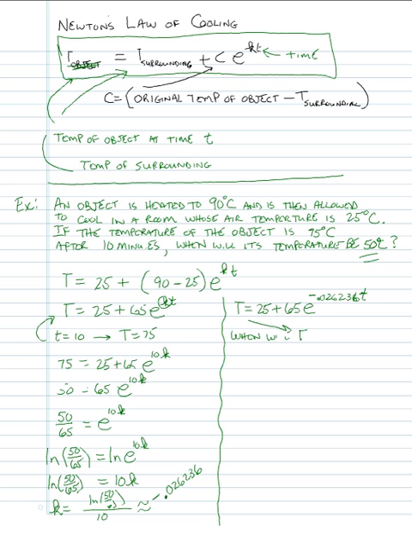And so we'll put that T, that temperature 50 in, and we'll solve for the time, which is lowercase t. So we'll have 50 is equal to 25 plus 65 times e to this ugly exponent, which is negative 0.026236t. Subtract 25 on both sides, so I have 25 is equal to 65 times e to that power.